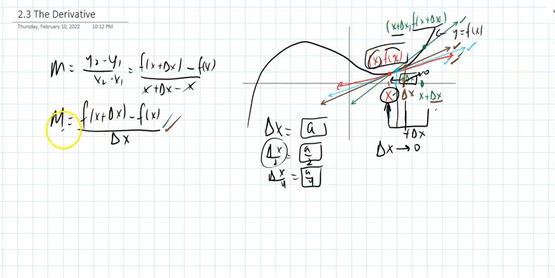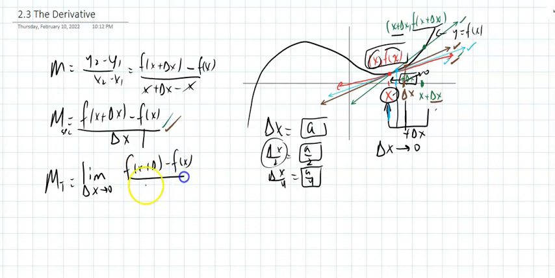So this is the slope of the secant line. If I want the slope of the tangent line, all I have to do is take the limit as delta x approaches 0 of this, and that should be the slope of the tangent line.